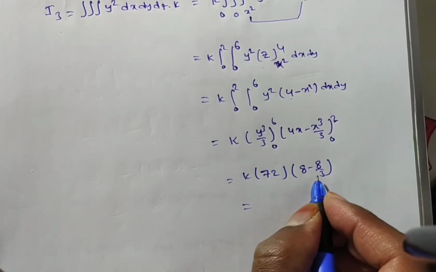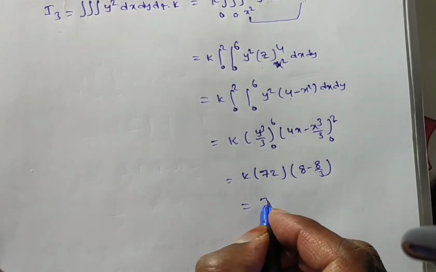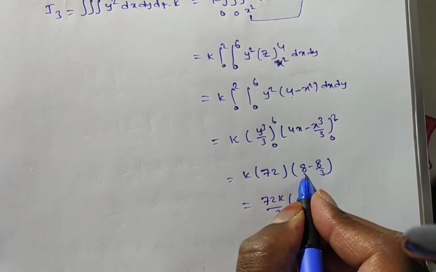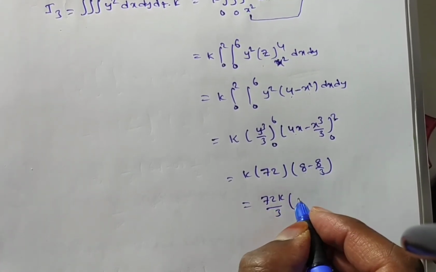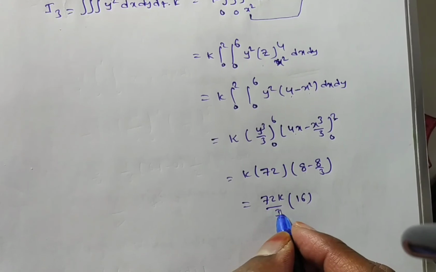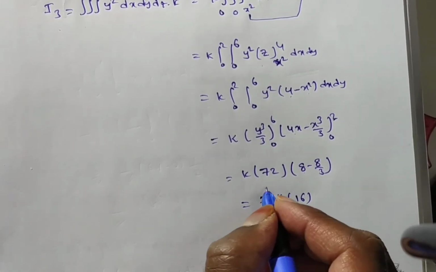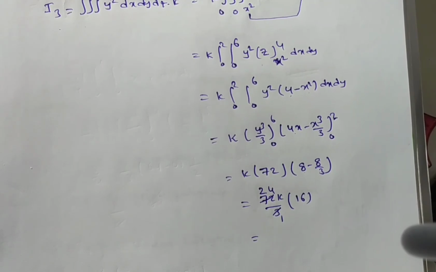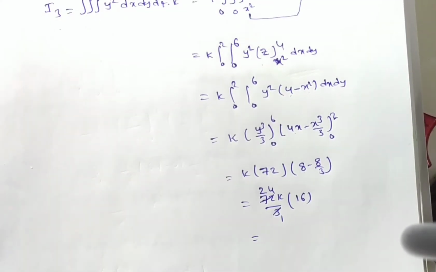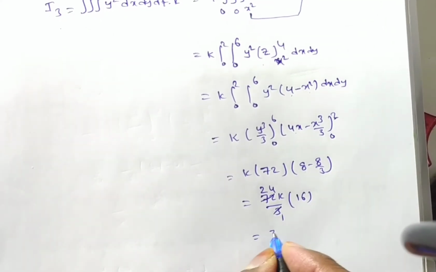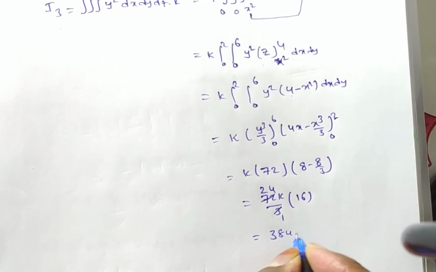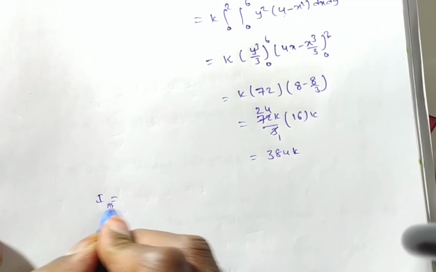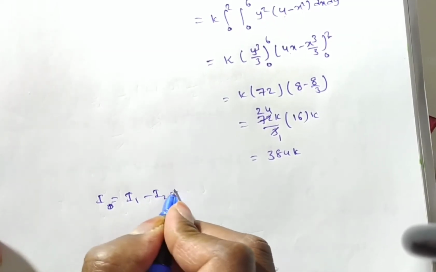Okay, so this will be 72k by 3 times, what you have here, 24 minus 8 is nothing but 16, so 3 8s are 24, 24 times 16, so this value will be 384k.